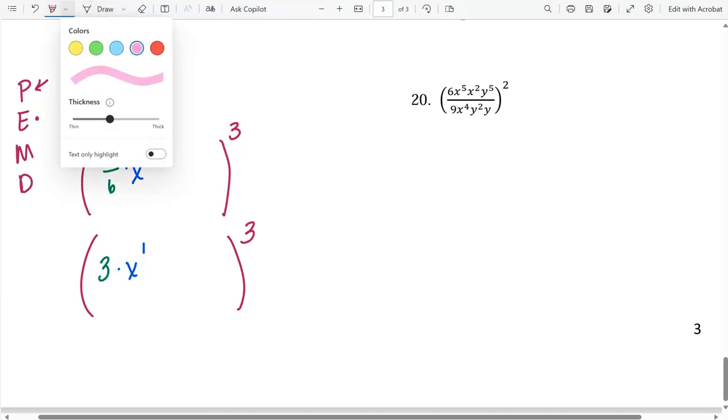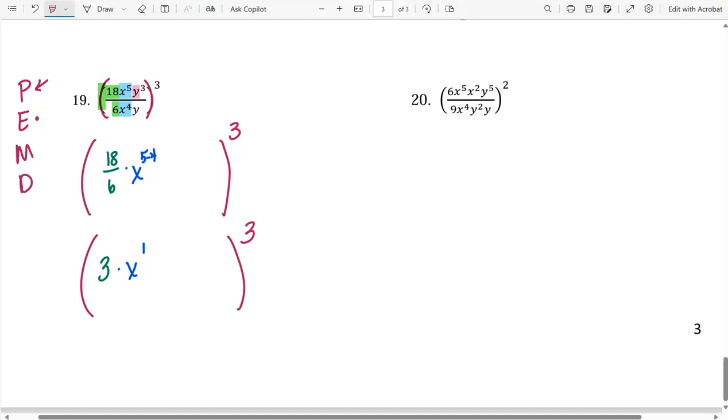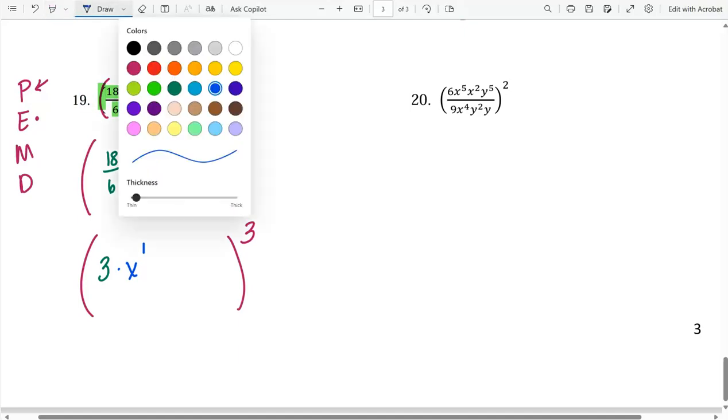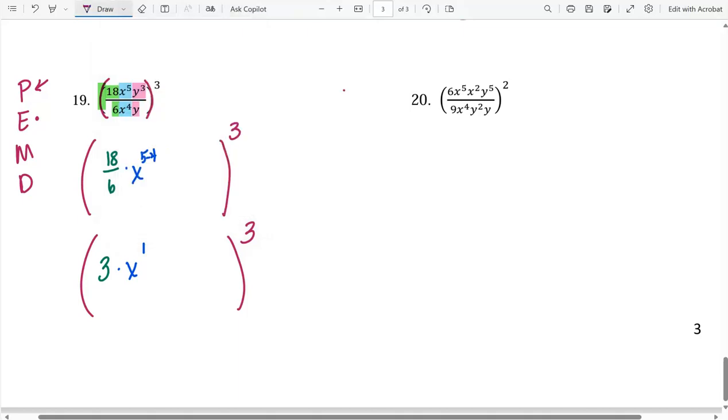And last but not least, y cubed and a y. Because those have the same base, I can write that base one time and subtract the exponent, giving me y squared. So this has gotten a little messy.